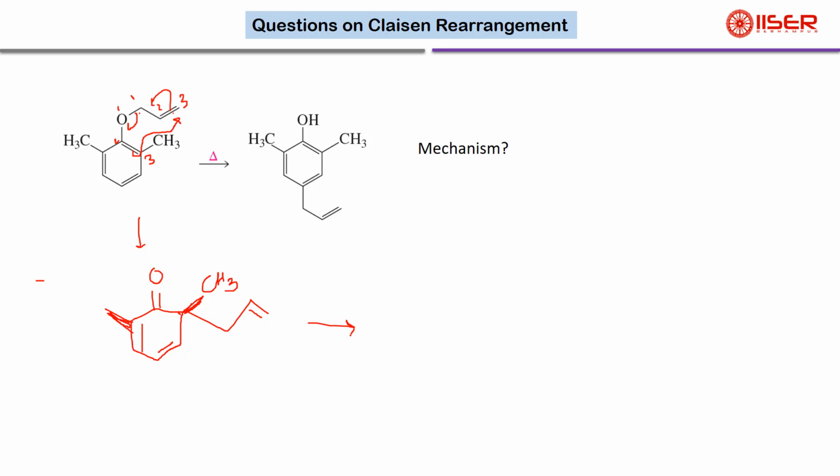So after a Claisen rearrangement, we just need heat for this reaction. This will further undergo a Cope rearrangement.